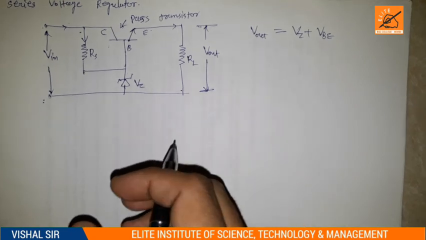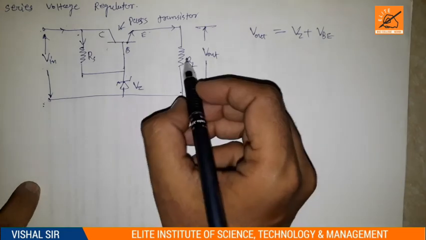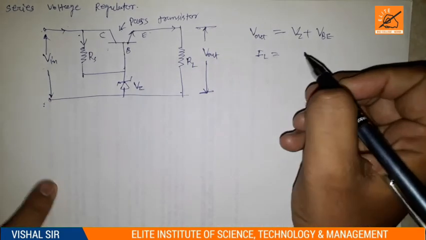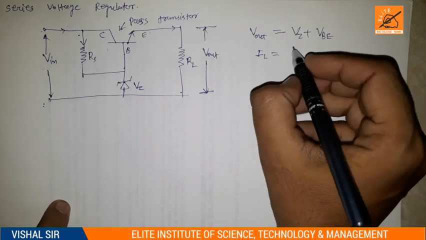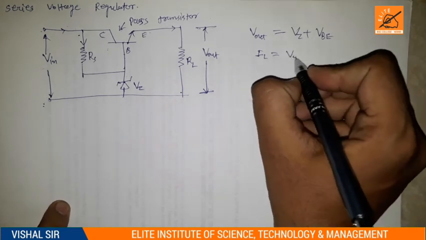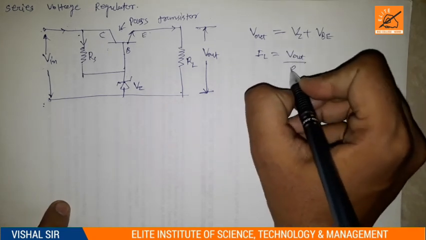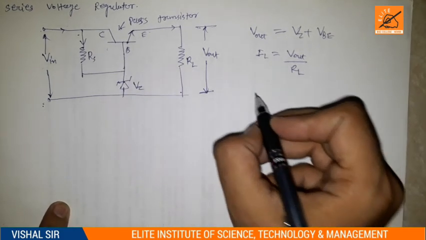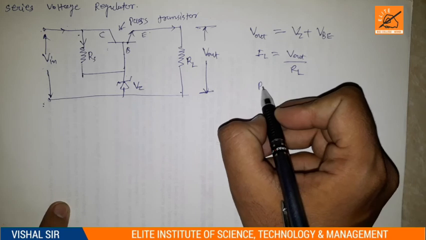Now, if we have to find out the load current IL, then we have to use simple Ohm's law, that is V out upon RL. Okay, and what is the power dissipated in the transistor?